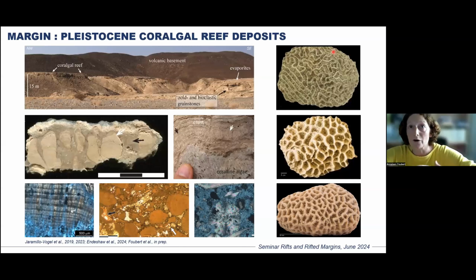So you have a kind of coral reef framework fringing the margins, which witnesses open marine conditions, or open Red Sea conditions, during specific time intervals already. So we had not only continental sedimentation in the Danakil basin, but also already what we would call, from a sedimentary perspective, marine sedimentation.